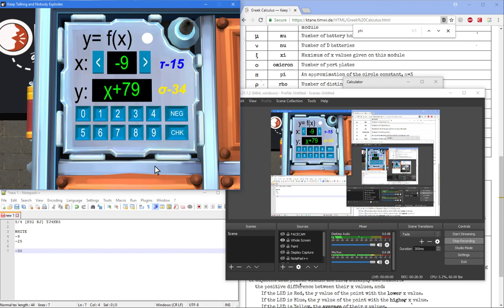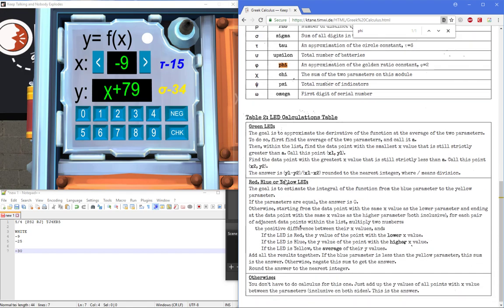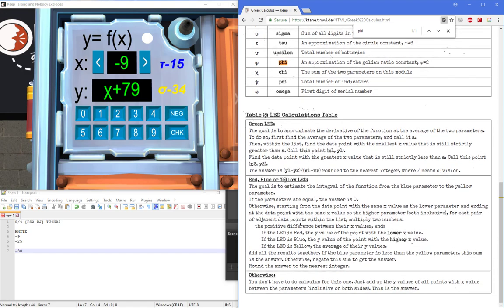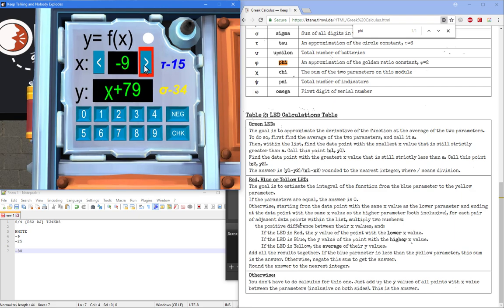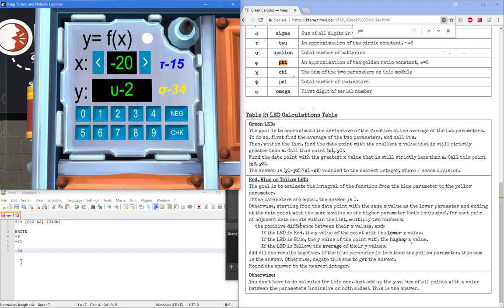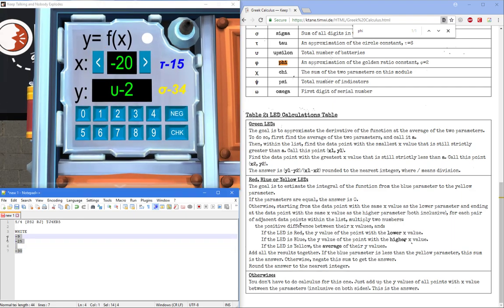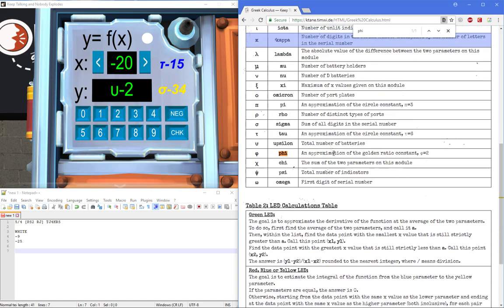I guess I'm not quite understanding this quite well. Between the parameters. A, because I only have to add these two. So let me check these two. So epsilon is total number of batteries.